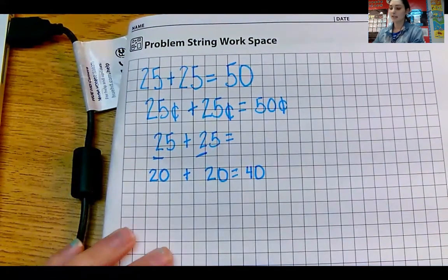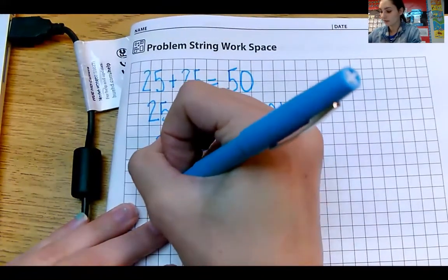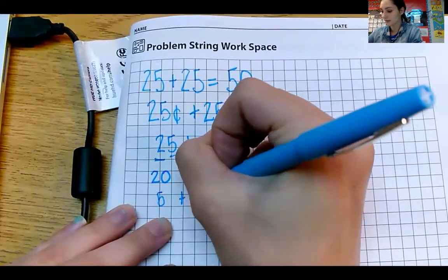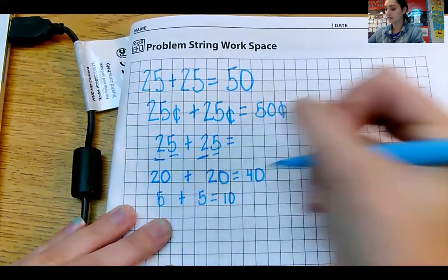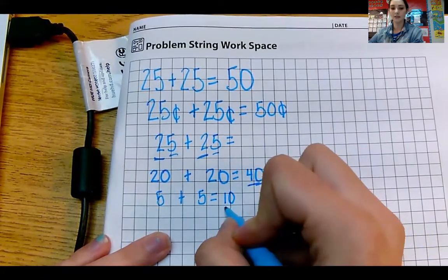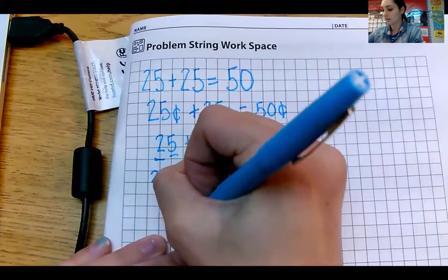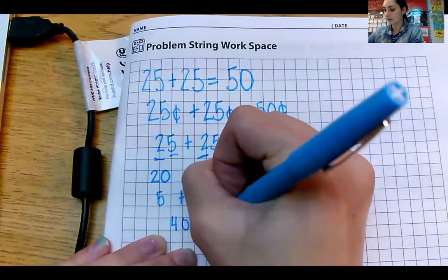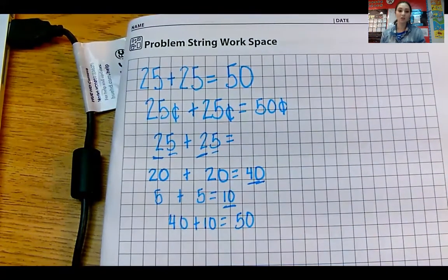Okay, then I could add my 5's. So 5 plus 5 equals 10. So then I know I have 40 right here, and I have 10 right here. So I could add 40 plus 10 equals 50. So that's kind of a long way to solve the problem.